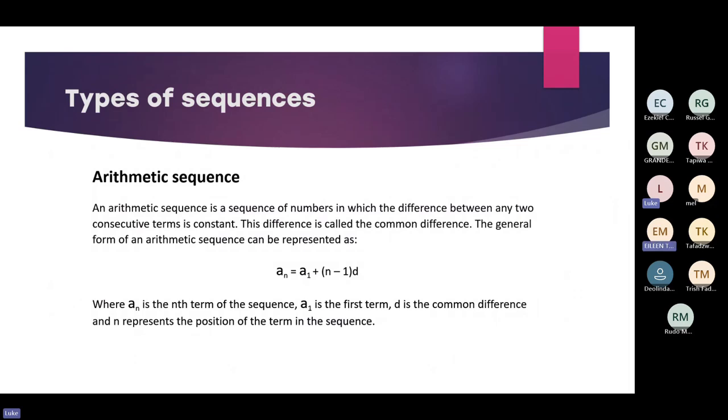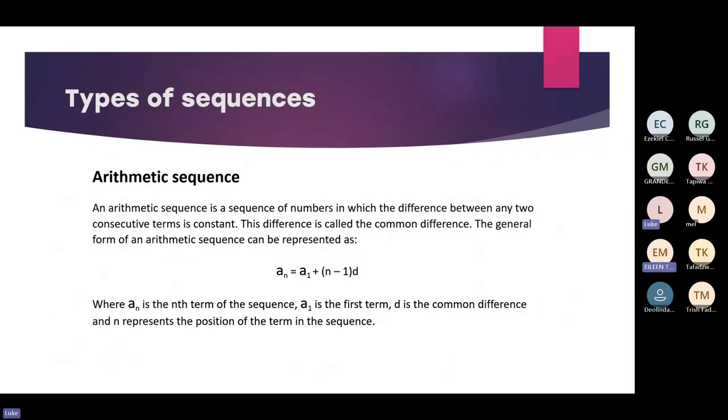This difference is called the common difference, and the general form of an arithmetic sequence can be represented as A subscript n equals A subscript 1 plus (n minus 1) times d, where A subscript n is the nth term of the sequence, A subscript 1 is the first term of the sequence, d is the common difference, and n represents the position of the term in the sequence.